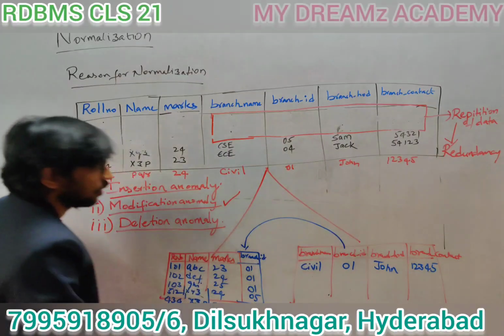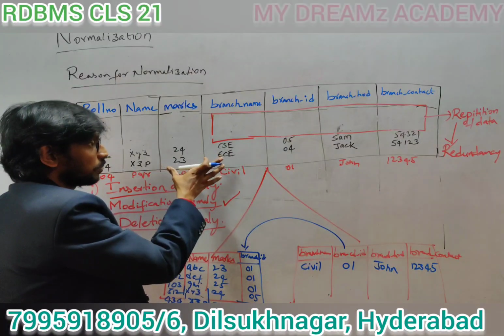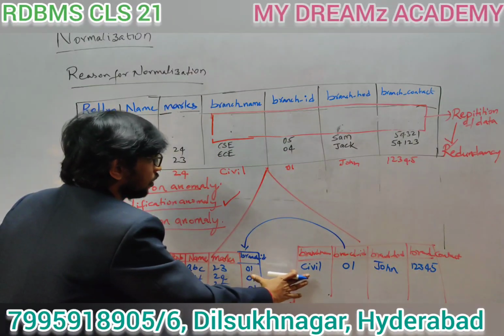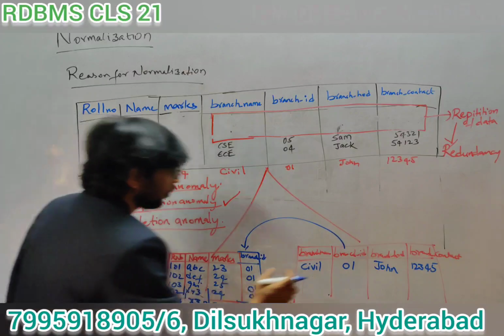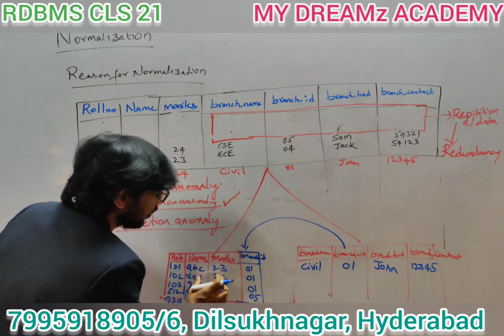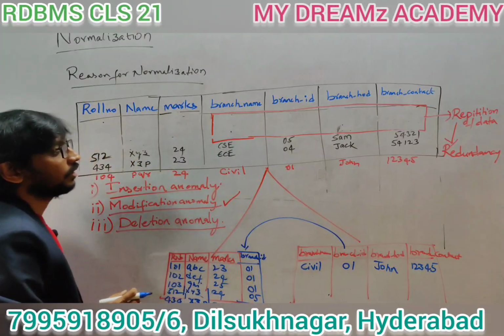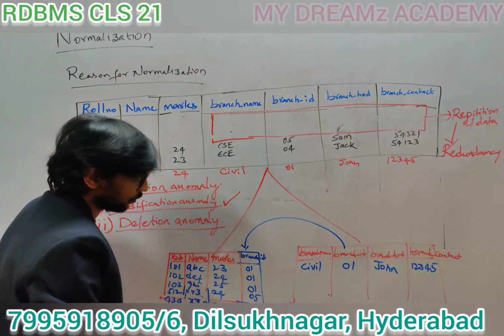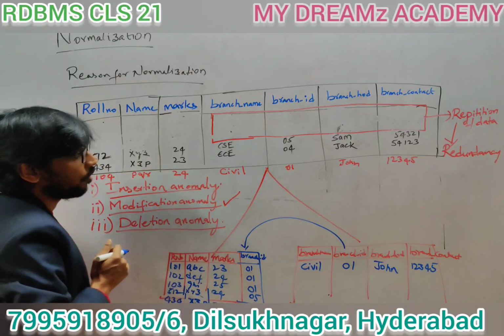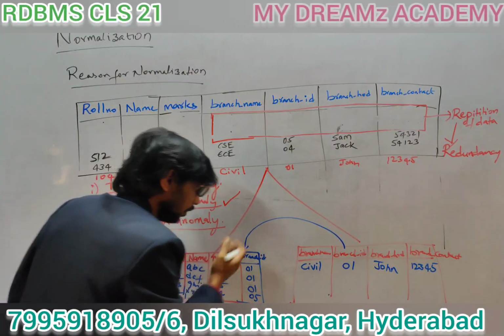See here, now the particular table has been split into two tables, right? For 3 particular rows here, how many rows are there in branch information? Only 1 row. So that is how we avoid the redundancy, right? Now one more department is there.